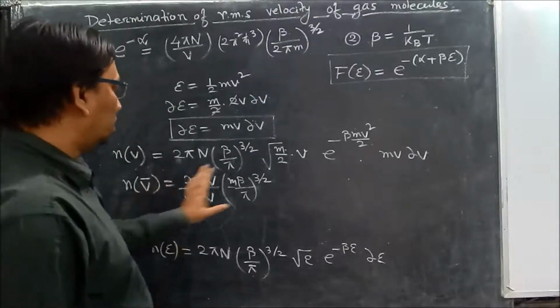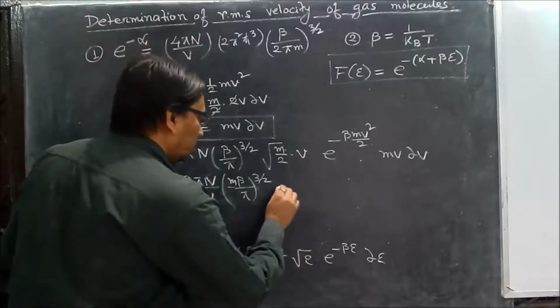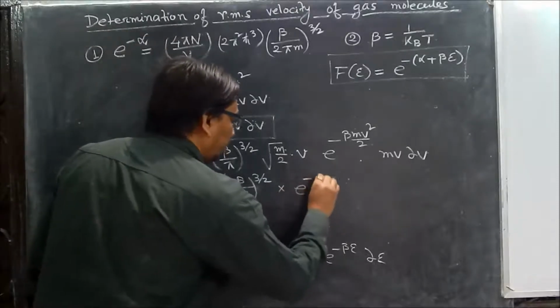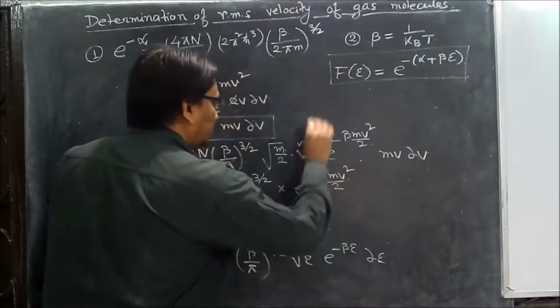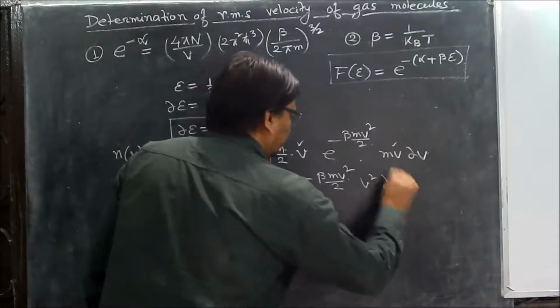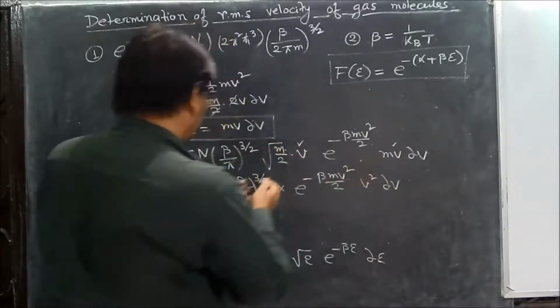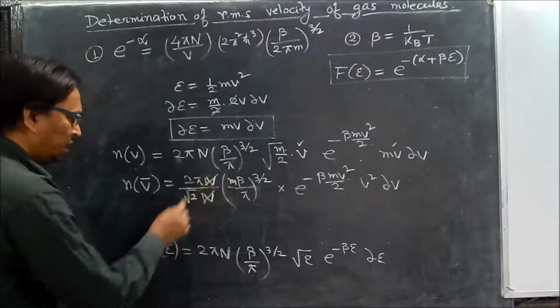What are the other remaining things? This v and this v will be multiplied by e to the power minus beta mv square by 2, and this v multiplied with this v gives v square del v. We have already taken m inside this box, so the m will be cancelled.